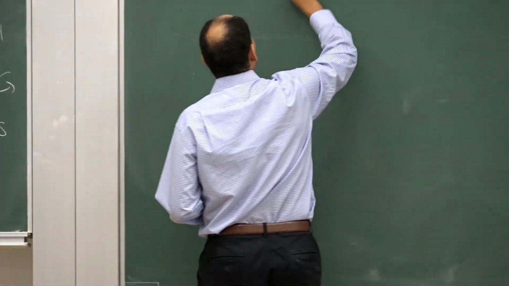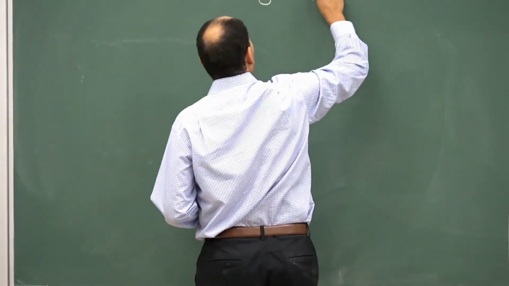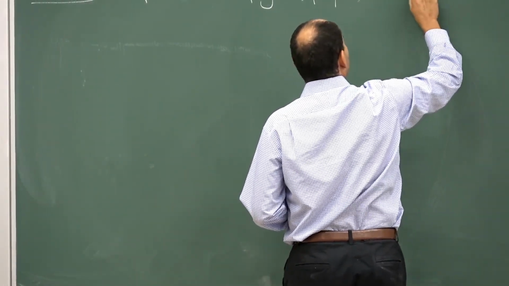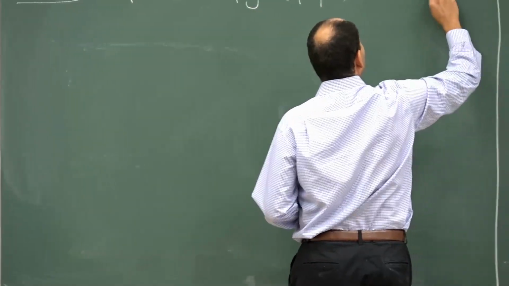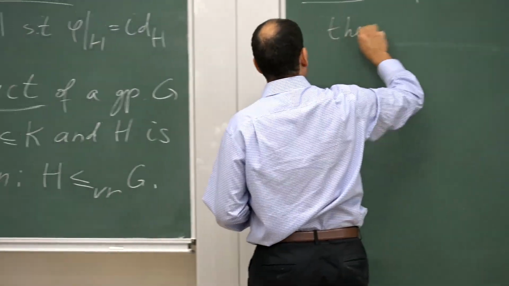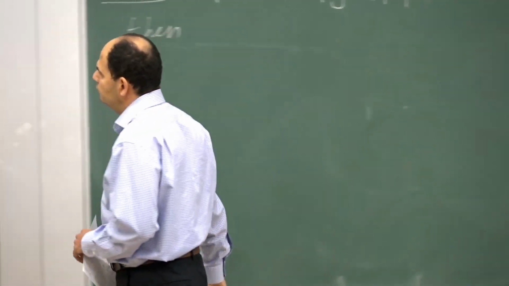If G is finitely generated or finitely presented, and H is a virtual retract, then H is also finitely generated. Well, that's kind of obvious, right?